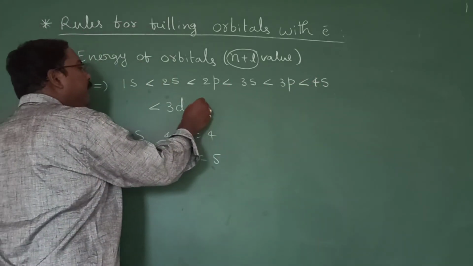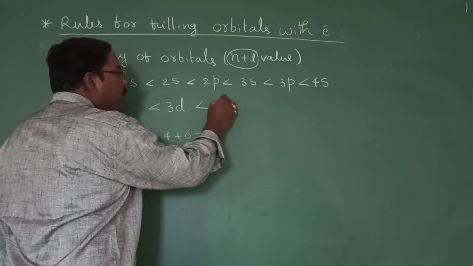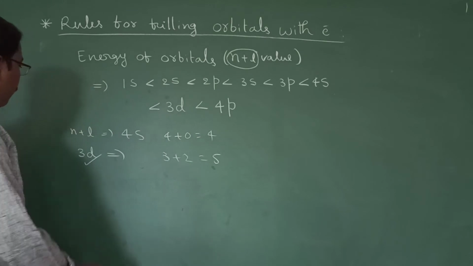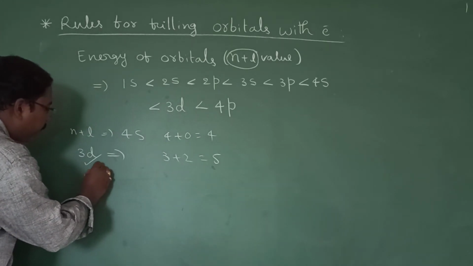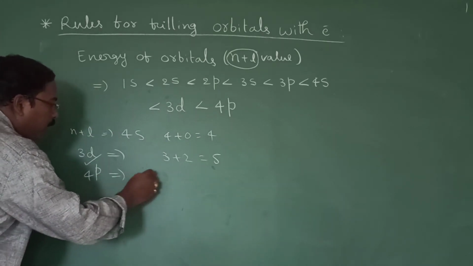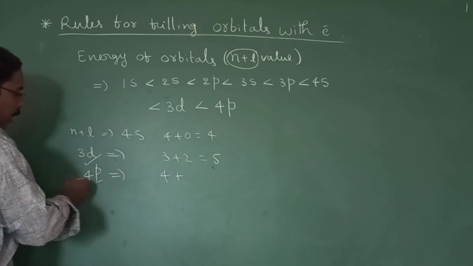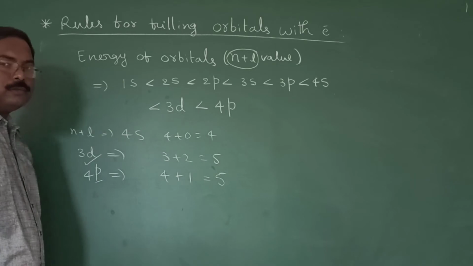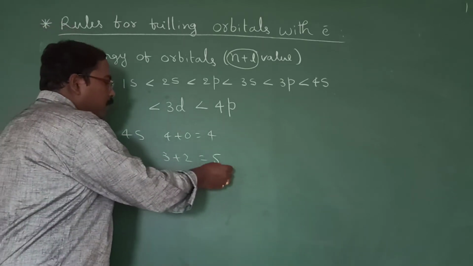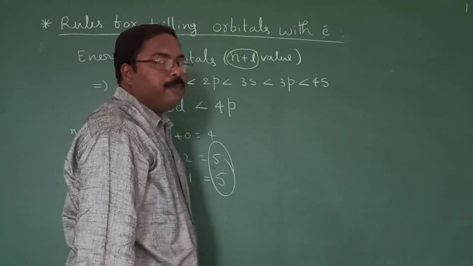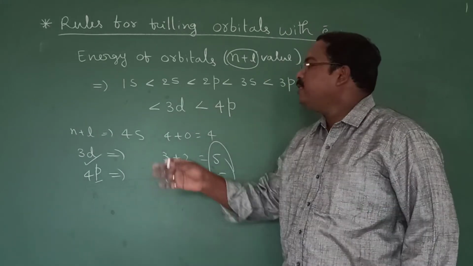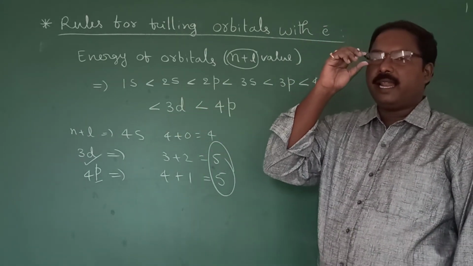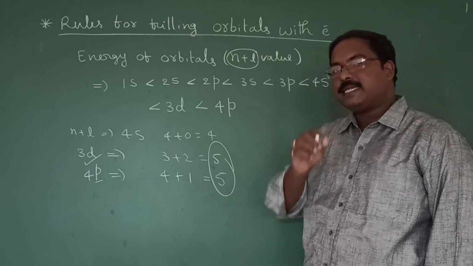Now after 3d, which orbital will come? That is 4p. Let's check for 4p also. 4 plus the l value for the p orbital, which is 1, gives 5. So again a doubt: both have the same value, then why did you write 3d first? That is what we discussed yesterday, the last point in yesterday's class.